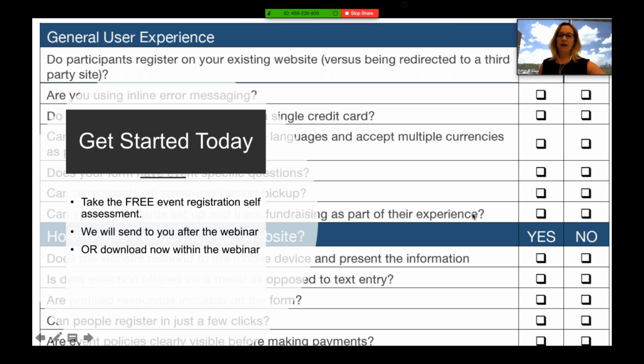If you don't see that and you don't get it right now, we will email it out to you with the recording and the slides. We'll send you a link to download that as well. So I recommend going through that and checking yourself. It's a series of questions, like one or two pages, I think. You can go through and give yourself a general assessment of your online registration and experience for your events.